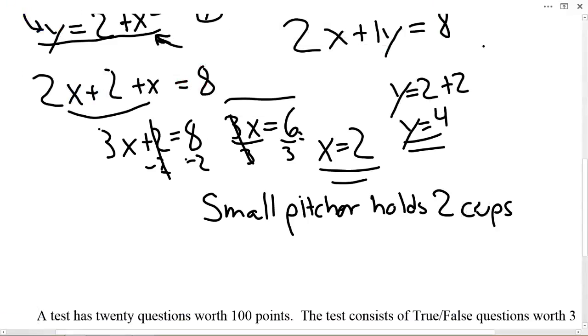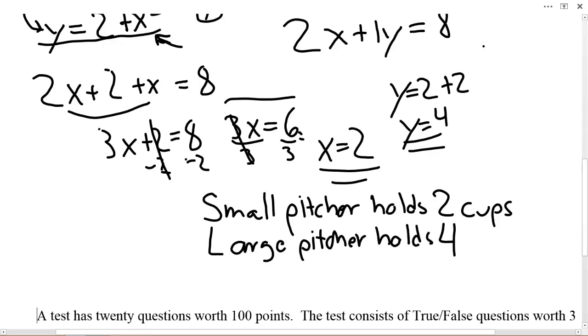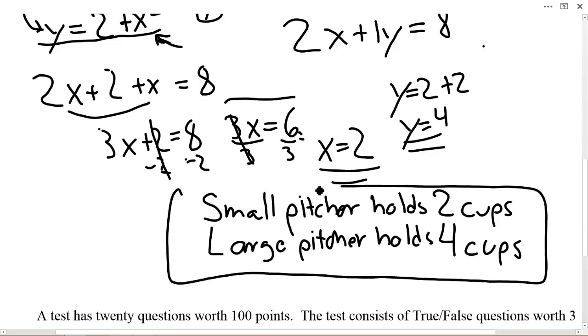So you write the small pitcher holds 2 cups, and then the large pitcher holds, and we look at our variable we designated for the large pitcher, and it's 4. So 4 cups, and that's how you would answer that question.